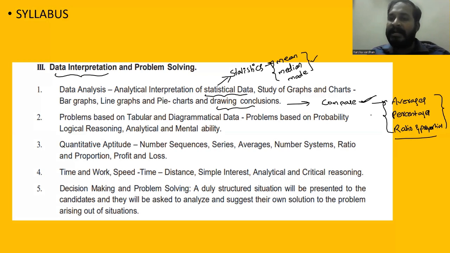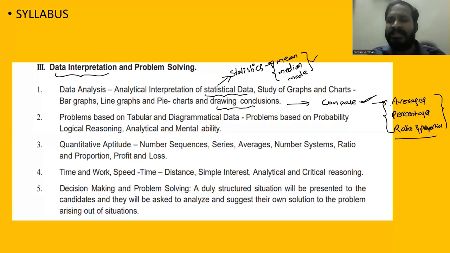Because you may see the word data interpretation, but ultimately, after analyzing the data, either you will find the averages, or you will do the percentage, or you will write the ratio between two different components. So the most important things you need to learn to solve questions from data interpretation are averages, percentage, ratio, and proportion.